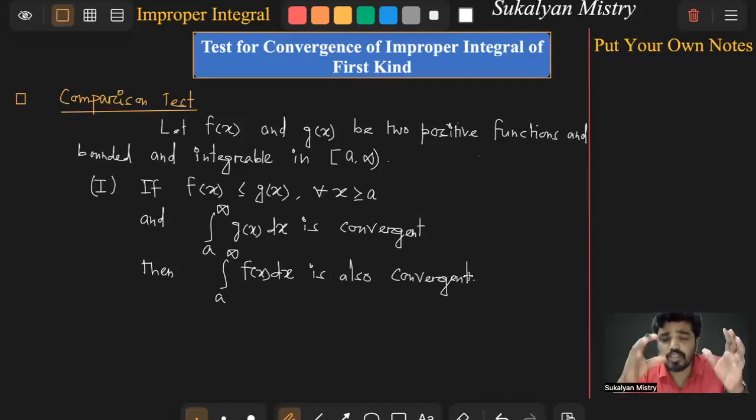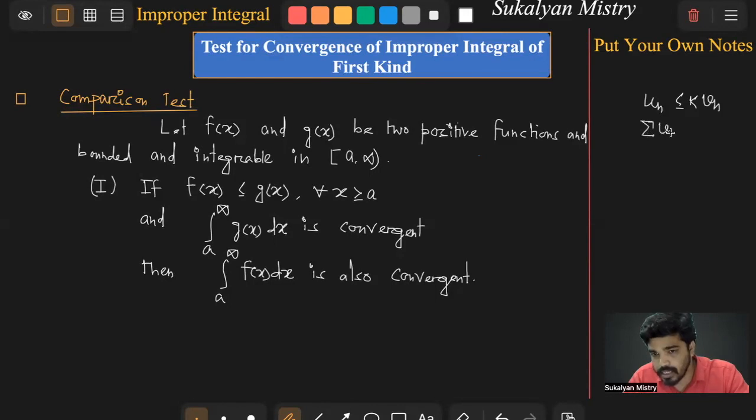দেখো তোমরা যখন সিরিজ পড়েছিলে কম্পারিজন টেস্ট পড়েছিলে, কম্পারিজন টেস্টে কি ছিল? টু সিরিজ, সাপোজ summation un and summation vn be two series such that un is less than or equal to k into vn. What is k? K is a real number. Okay, k is a positive real number. Take if the series summation vn is convergent, then summation un is also convergent.